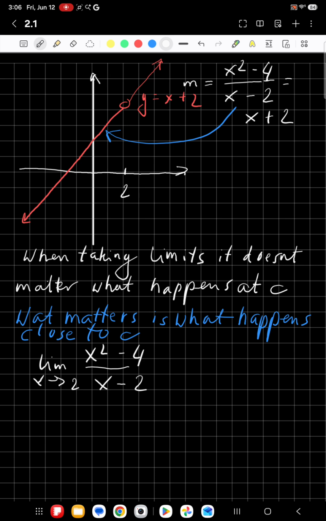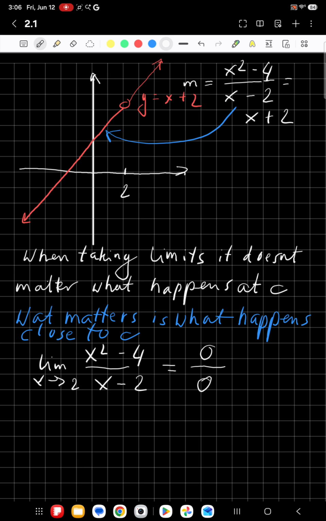If we were trying to figure out what happens at 2, we would not be able to. If I plug that 2 into my expression, especially the denominator, I would get 0 in the denominator. I would have 0 on the top as well, 0 over 0. So it's an indeterminate form, and it basically doesn't mean anything in this context.